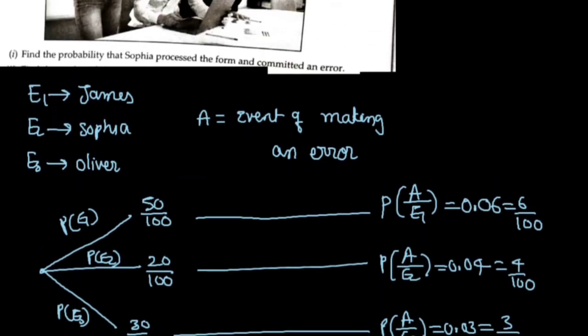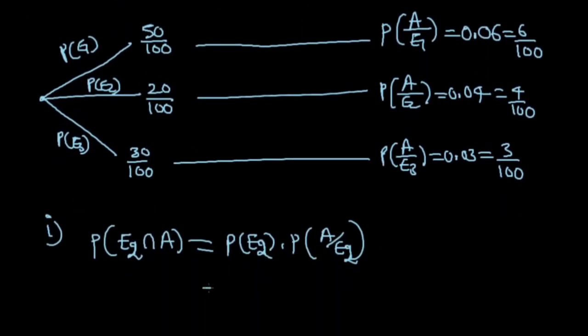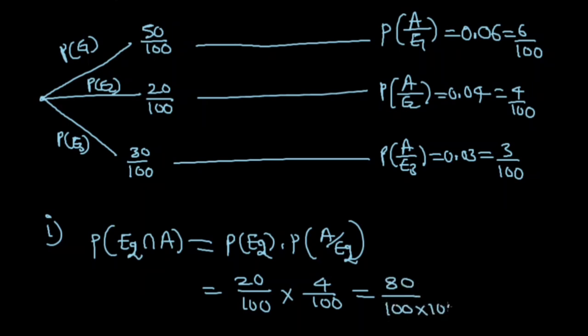So Sophia processing is 20 by 100 and making an error is 4 by 100. Therefore 4 2s are 8, 80 by 100 into 100, which is 10,000.